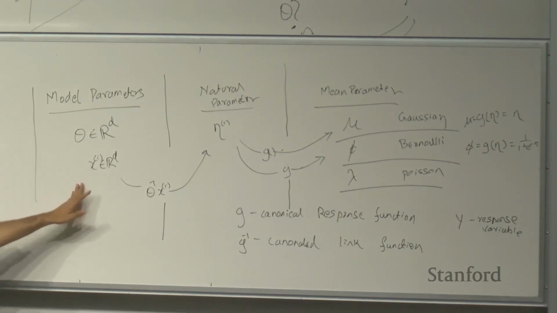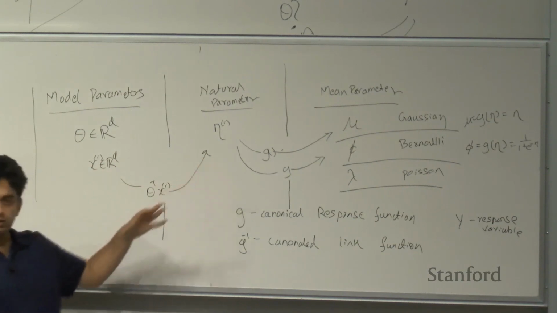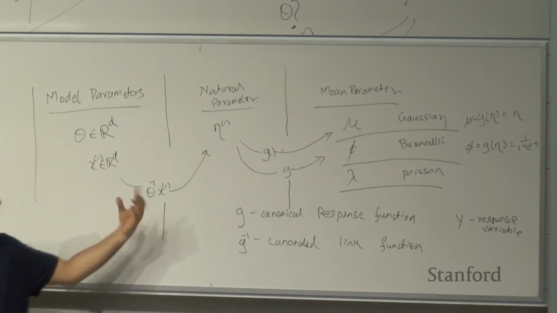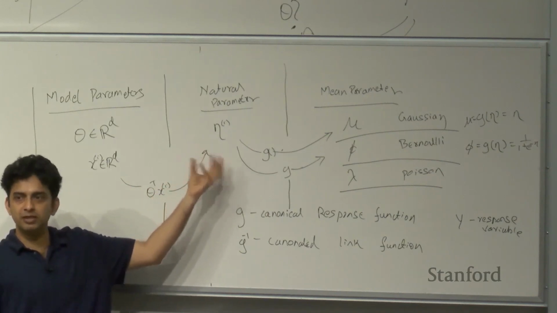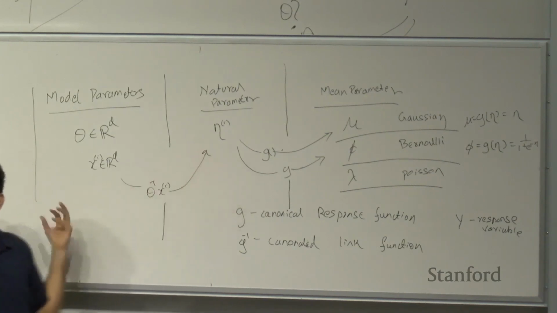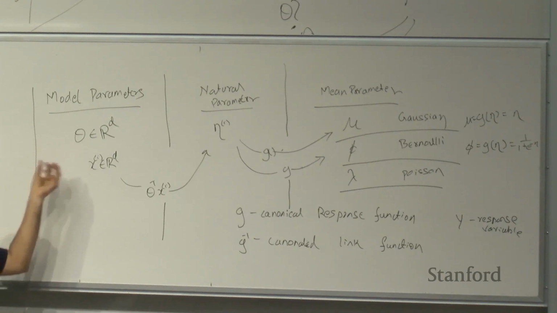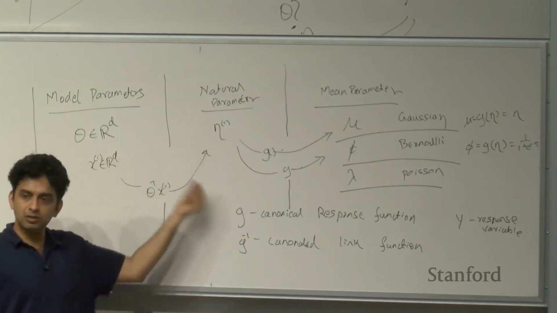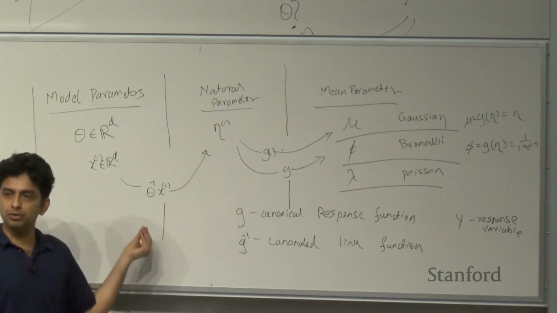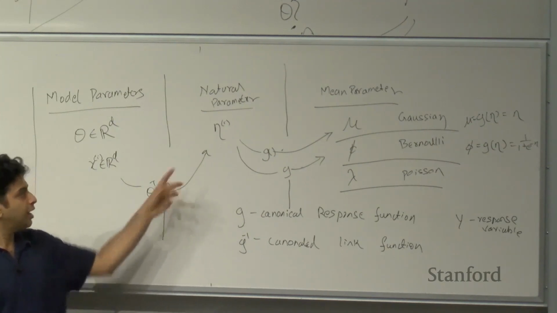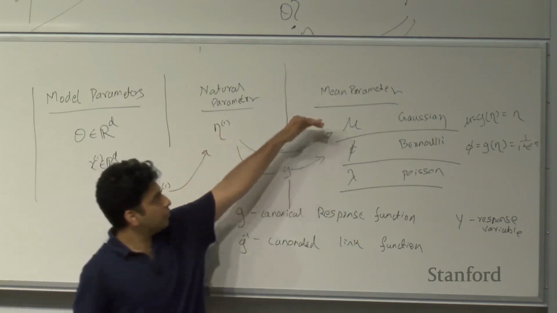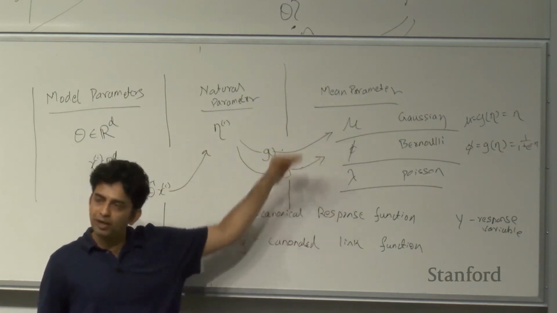And once you fix these, the natural parameters are just the output of theta transpose x for different values of x's. So these are kind of ephemeral in some way. We don't store them, whereas we train and store the theta parameters, right? And the natural parameters are just the output for different values of inputs, right? And then you take them through the canonical response function, and you get the mean of your y variables.